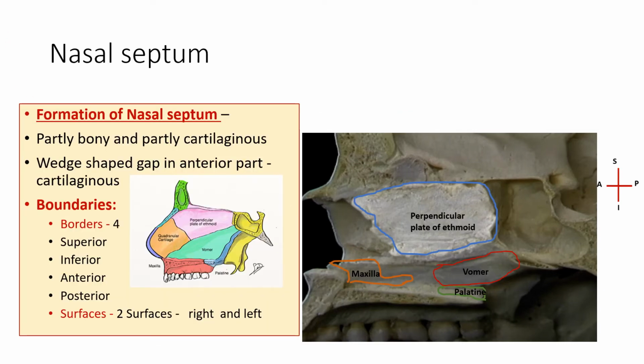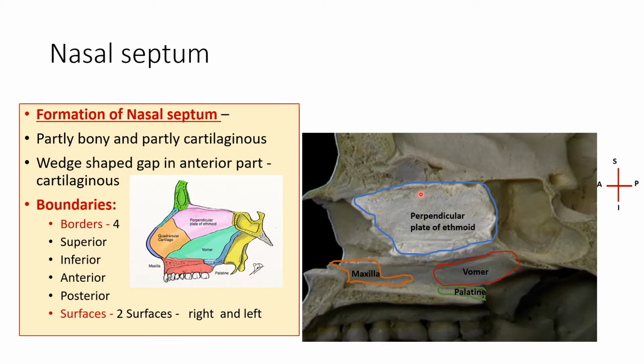Now let us see how the nasal septum is formed, as it is partly bony and partly cartilaginous. If you see here, you can see the bones forming, and in the anterior part there is a wedge-shaped gap which is formed by the cartilaginous part. The nasal septum has 4 borders and 2 surfaces.